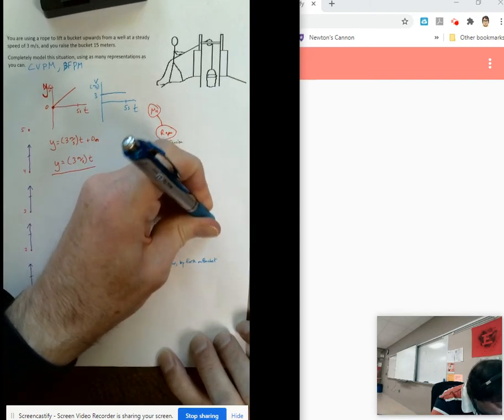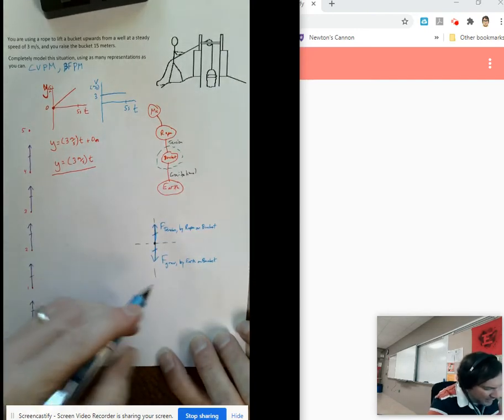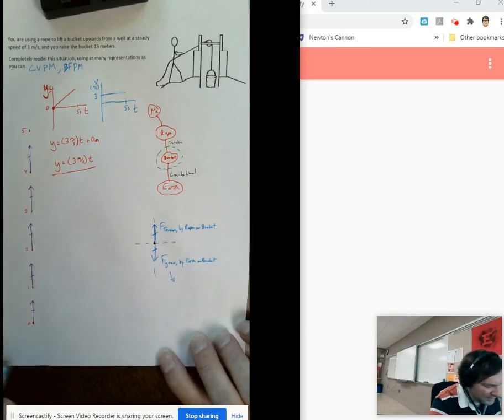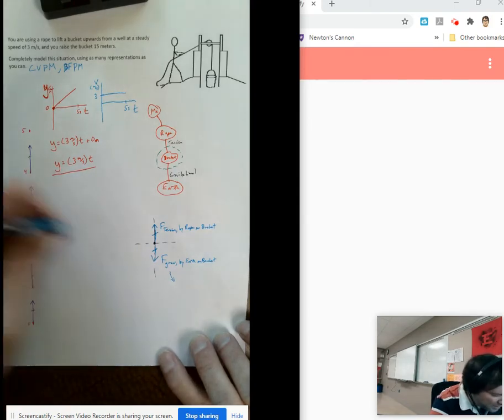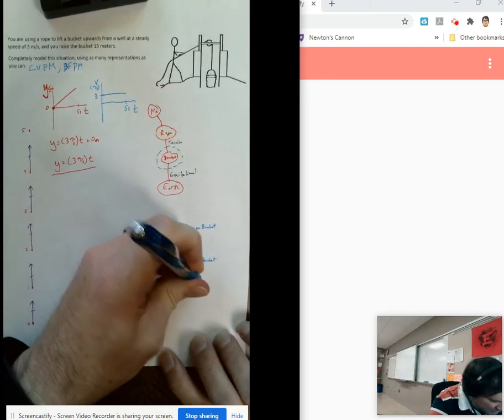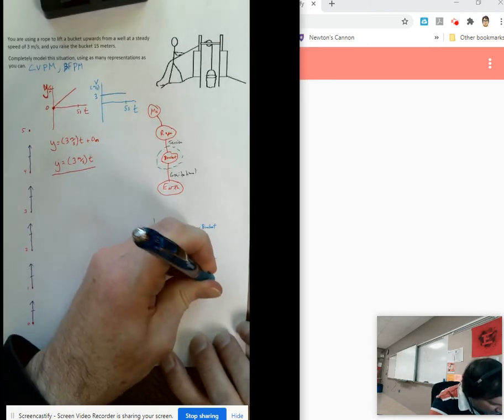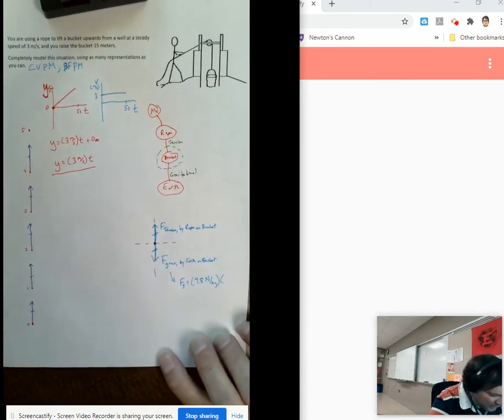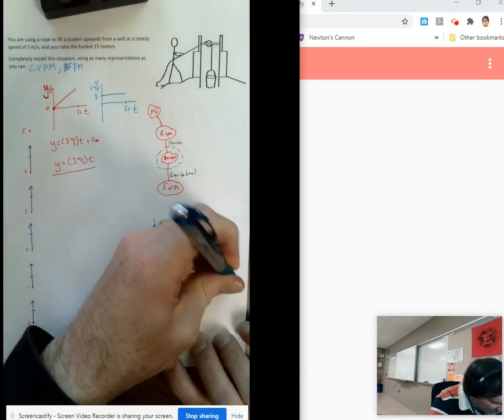Now I could calculate this gravitational force if I had a mass. Let's say that the mass of that bucket is 10 kilograms, bucket plus its water. So I could even calculate that gravitational force knowing the strength of Earth's gravitational field, 9.8 newtons for each kilogram, times how many kilograms there are, so times 10 kilograms.